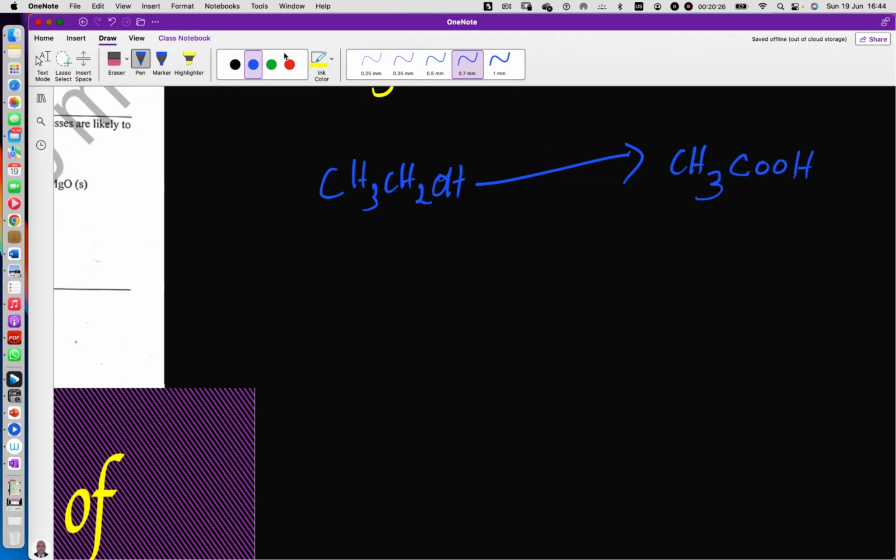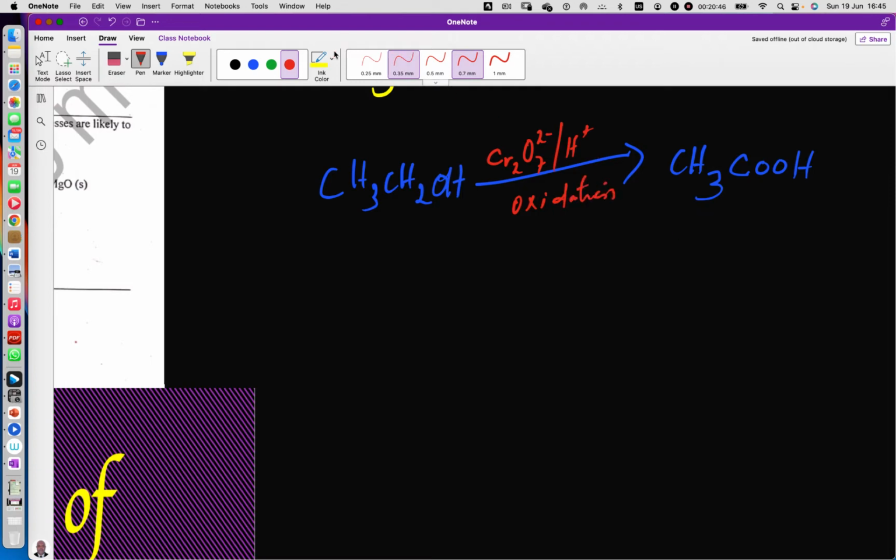Here, what has been done is that it is acidified dichromate, and what is undergoing there is oxidation.